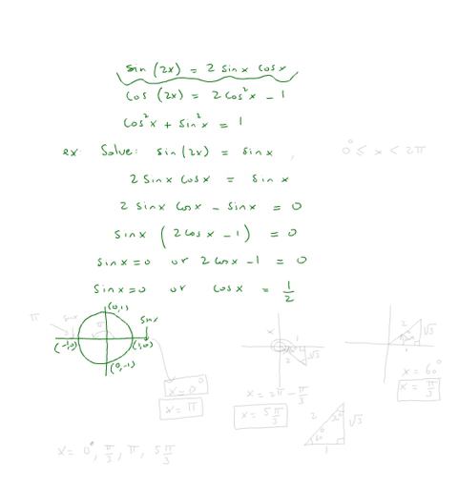So sine of x is 0. So the angle that's going to come from this point will be x is equal 0 degrees, and the angle that comes from here is pi. So x is equal pi.